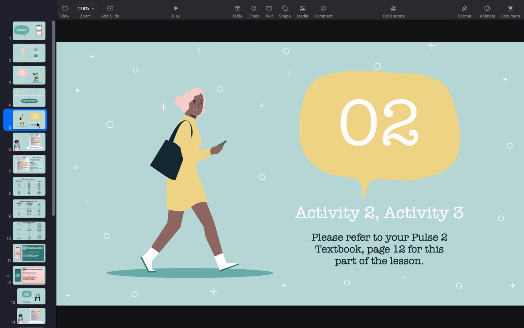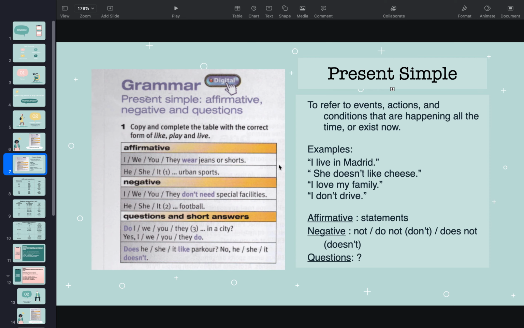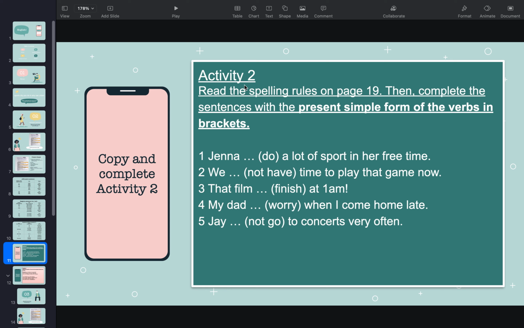Okay, the next activity is for you to do, copy this table, fill in the blanks. Okay, isi tempat kosong. Ini ialah contoh, tak perlu salin pun tak apa, tapi yang ini salin. Okay, and then do activity 2, copy everything, do it.